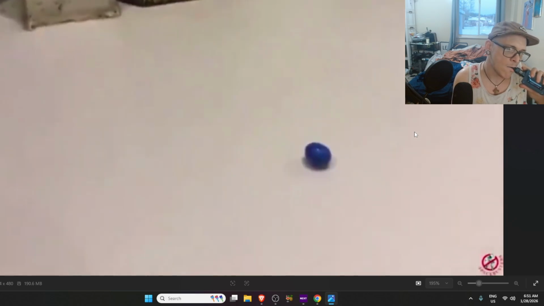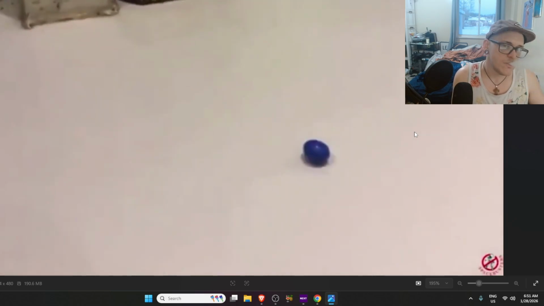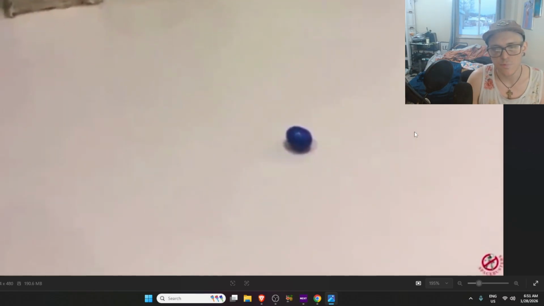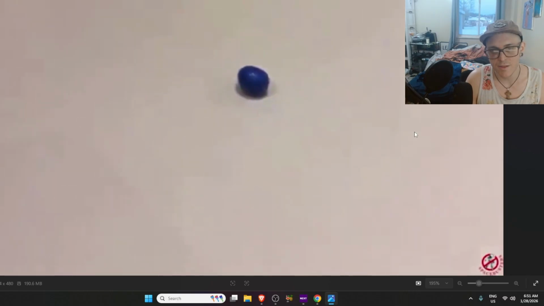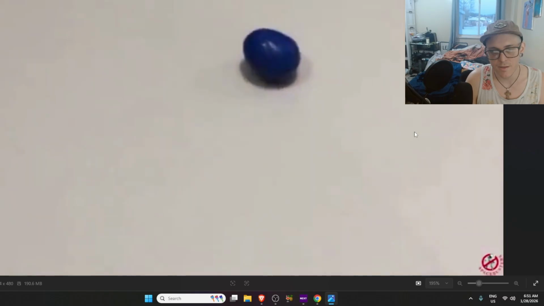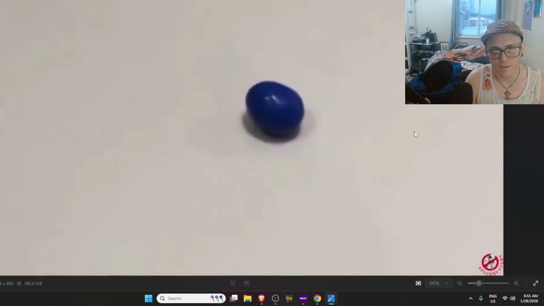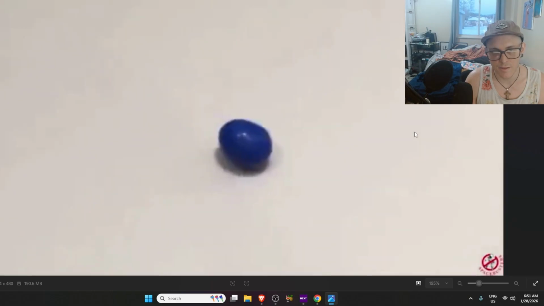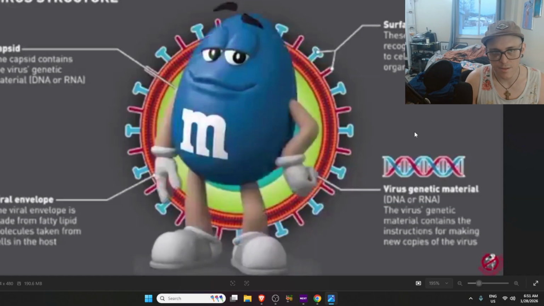This piece of candy is not alive. It has no nucleus, no digestive system, no excretory system, no respiratory system, no circulatory system, and no endocrine system. It's just genetic peanut and cocoa plant material wrapped in a ball of fat, sugar, and protein, just like a virus.